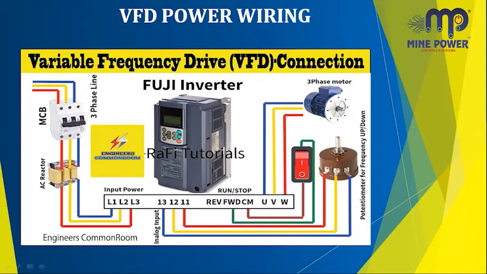Two things are positive and negative. One is the output. From it comes and it controls, gives to the drive, and from the drive output it controls the motor. The potentiometer is used to vary the frequency manually from the outer side by the person who wants to control the motor.